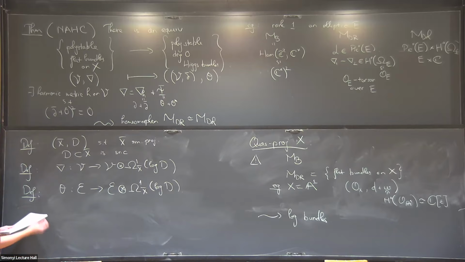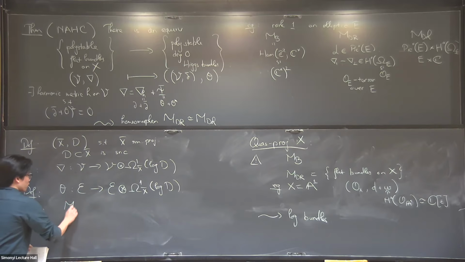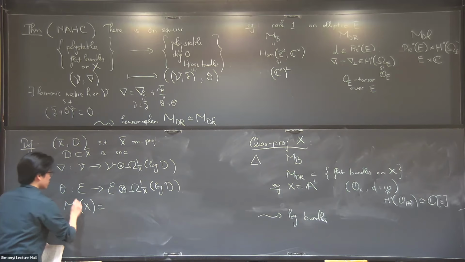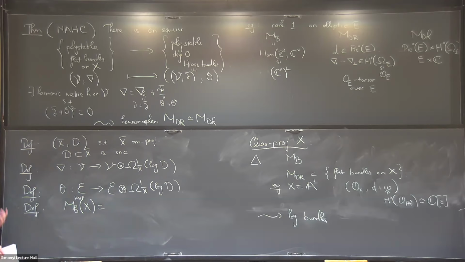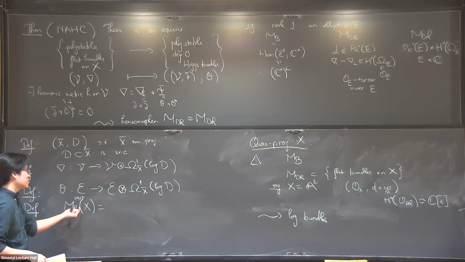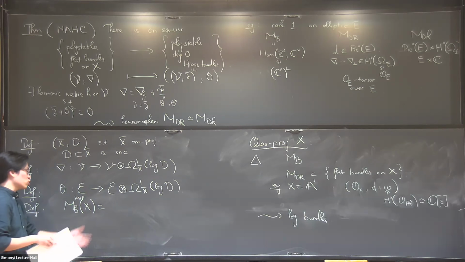So the actual space that we will look at here is the following. On the Betti side, we will look at all the representations with unipotent local monodromy.